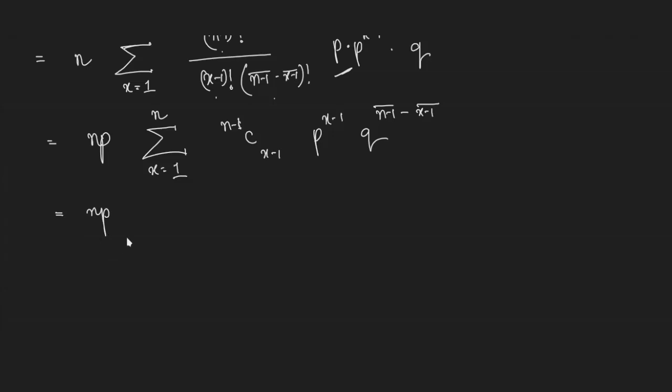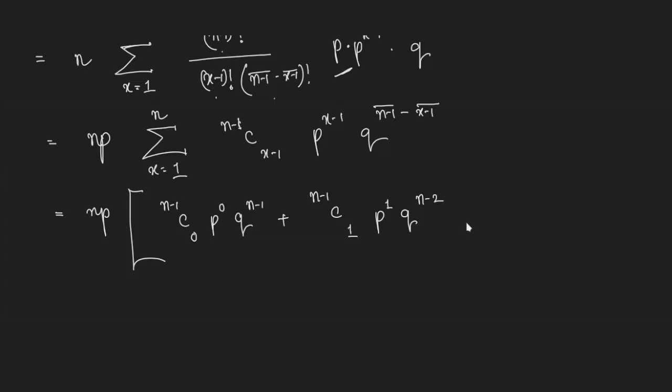Equal to np. If I place x equal to 1, I will get n minus 1 C 0 p to the power 0 q to the power n minus 1. If x equal to 2, then I will get n minus 1 C 1 p to the power 1 q to the power n minus 2.